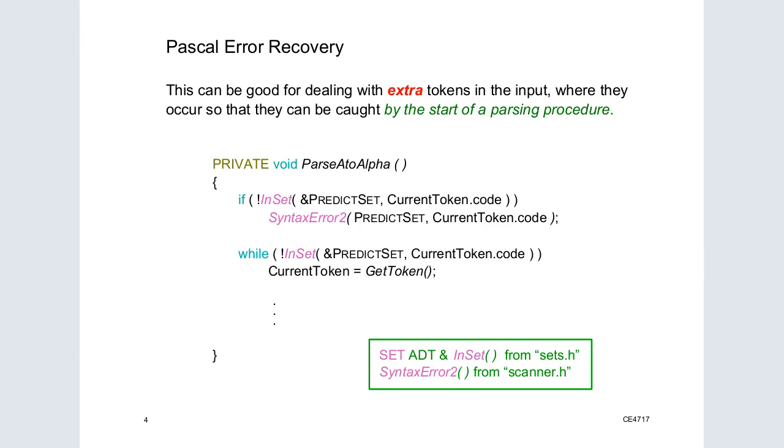And then there's actually another version of syntax error, which takes an entire set of elements as its first argument, and it takes the symbol we've actually got as the second argument. The original syntax error just took expected token, current token. This one is a set of expected symbols at this point. So if we're not in the set of predicting symbols, which here is called predict set, it's a global, then we report an error message, and then we loop until we see something like that.